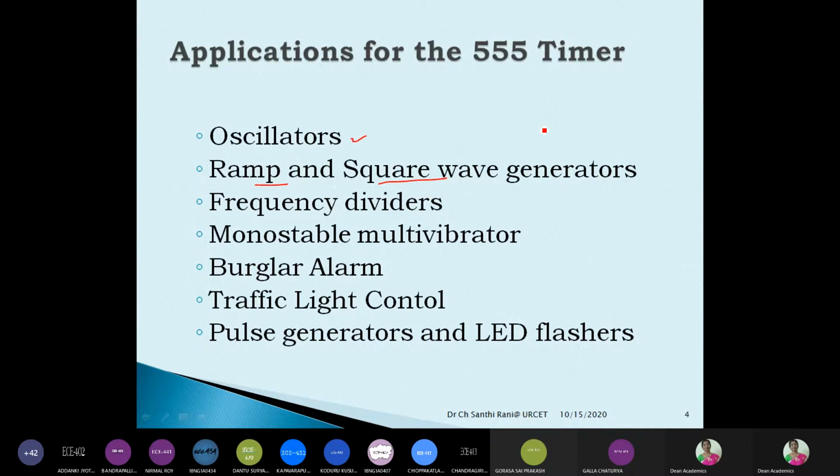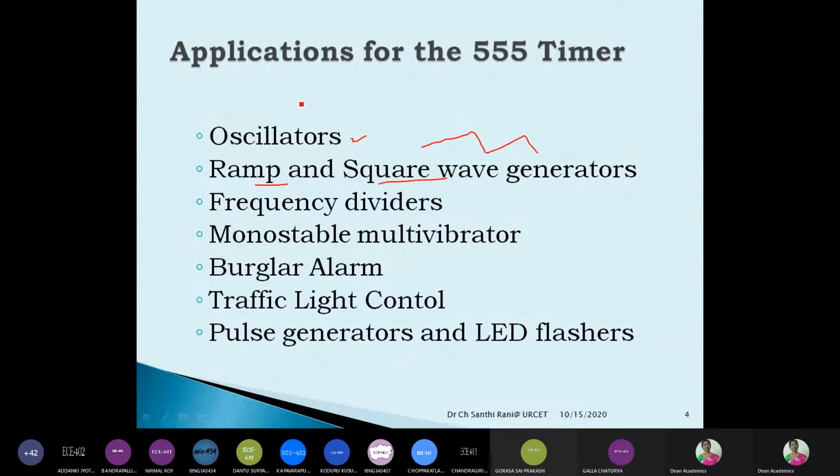So ramp and square wave generator, that means when we get a ramp voltage, ramp up, ramp down, so ramp or sawtooth wave also we say, right? Ramp generator and square wave generator. Square wave generation we already know, we have studied using 741.